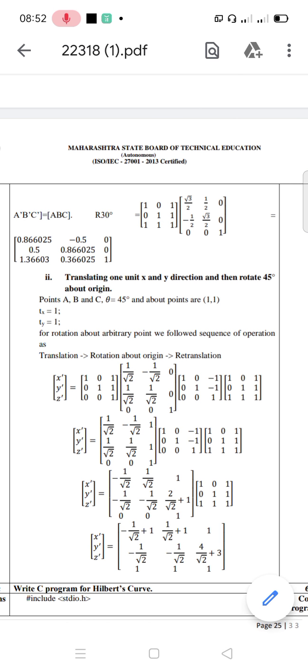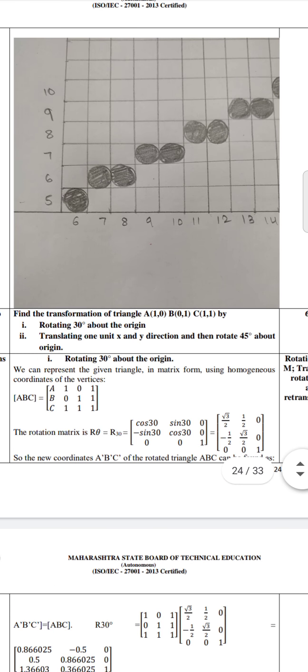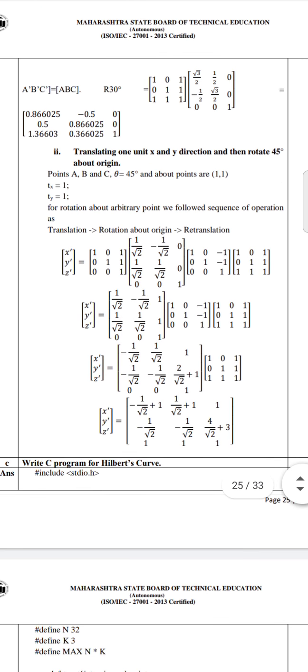Same thing is here. The second part is the rotation. After translation it is a rotation by 45 degrees, so you can replace theta by 45 degrees in your rotation matrix and obtain the new values. The third part is the retranslation, for which you change the values of tx and ty.